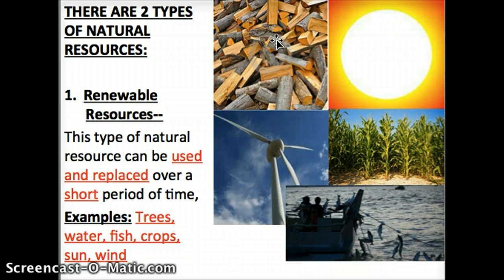Obviously, deforestation and chopping down lots of trees is not very good for the environment. However, we can plant more trees and help them regrow. Sunlight is a constant renewable resource. Wind is always going to be there. Same with crops and even fishing. There are some fish farms that are trying to make sure that we're not taking away too much fish from the actual ocean ecosystem, so that we keep the ecosystems balanced.